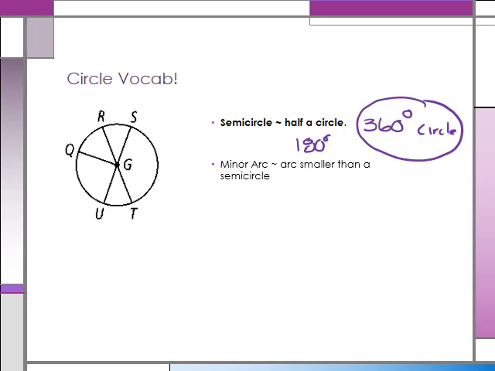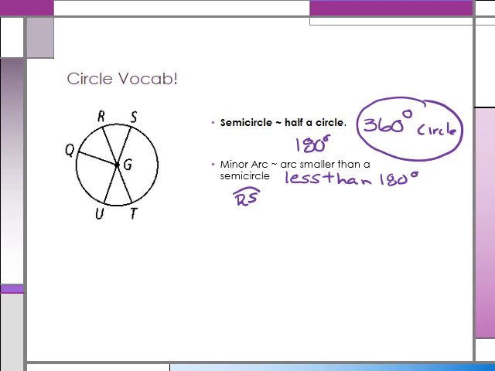So a minor arc is an arc that is smaller than a semicircle. So minor arcs are less than 180 degrees. We name them with their endpoints. So RS would be this arc right here.